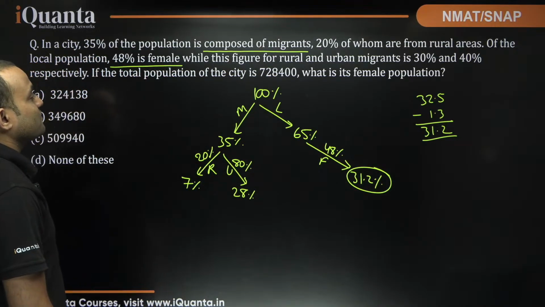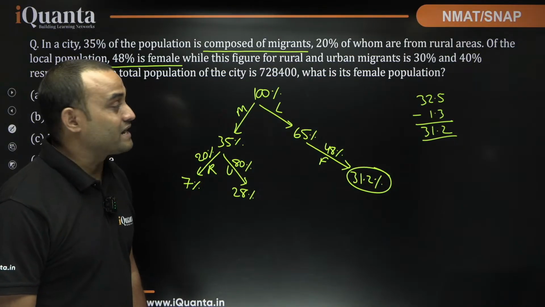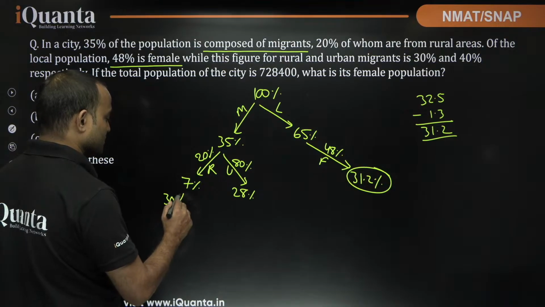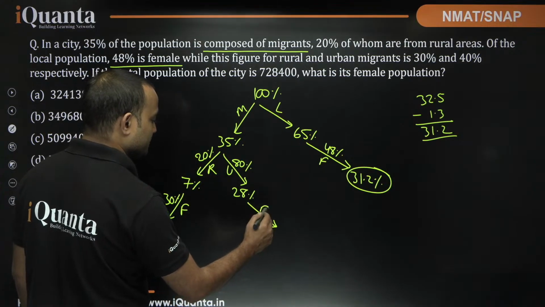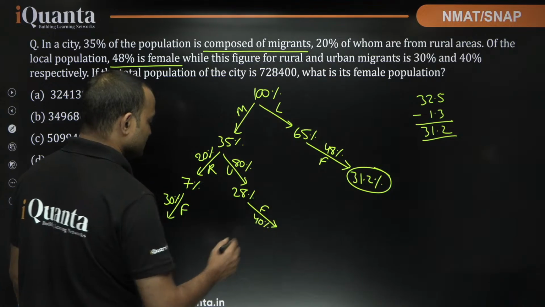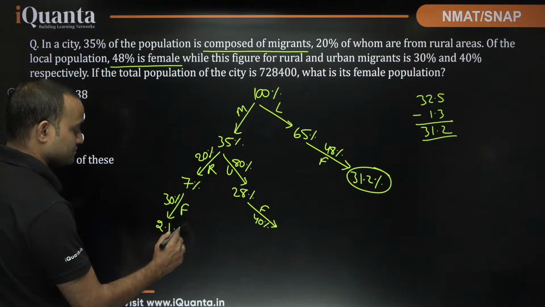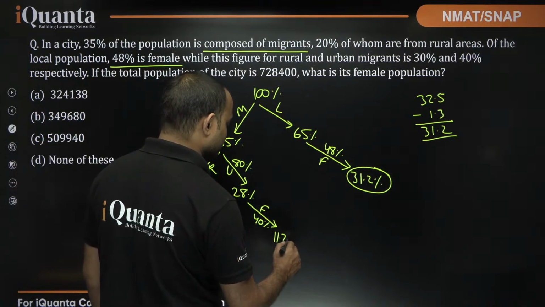Now, it says while this figure for rural and urban migrants is 30% and 40%. So, 30% of these are females, 40% of these are females. So, 30% of 7% is 2.1%. 40% of 28% is 11.2%.